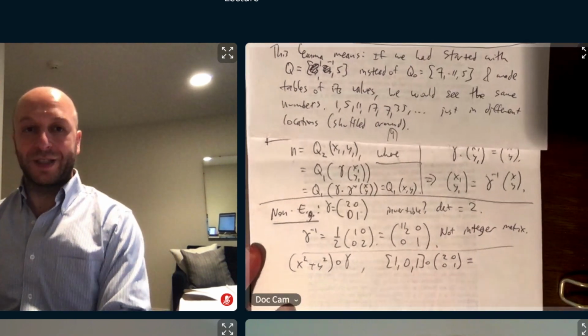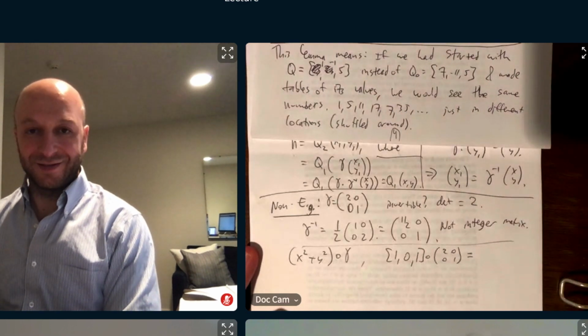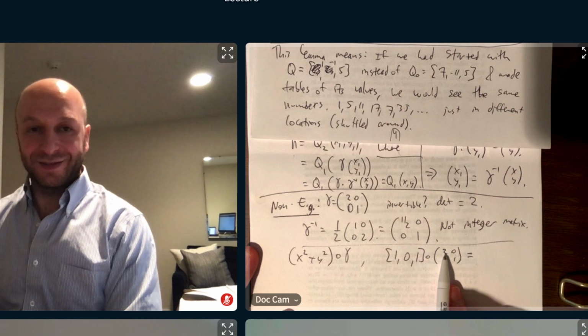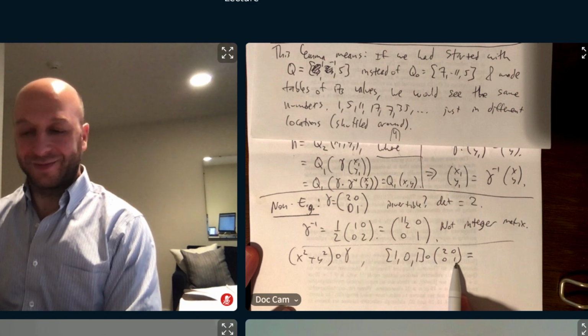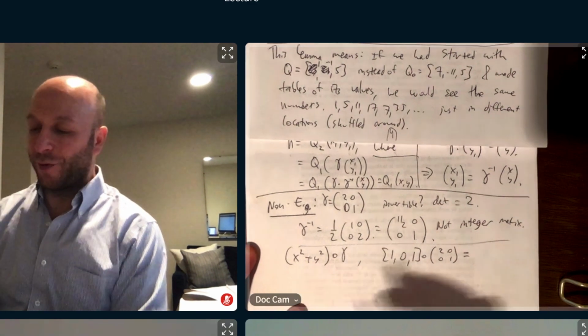What quadratic form does that give? Well, I'm replacing x by 2x and leaving y alone.